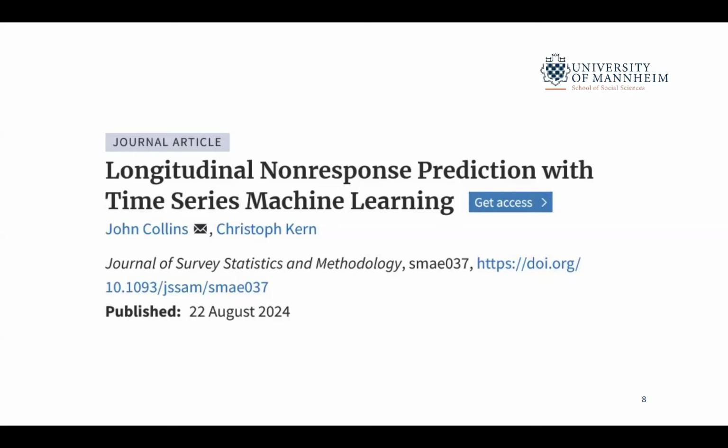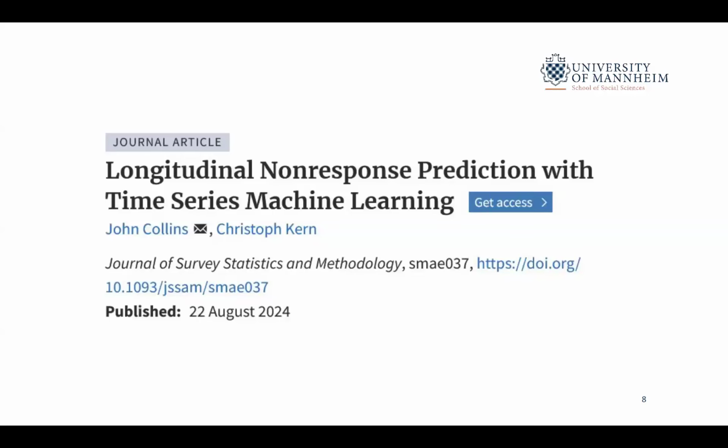This is from a paper that's been published in JSSAM, and we'll be presenting a brief overview of the results. So this is about trying to find some models that could help us do propensity modeling a little bit better.